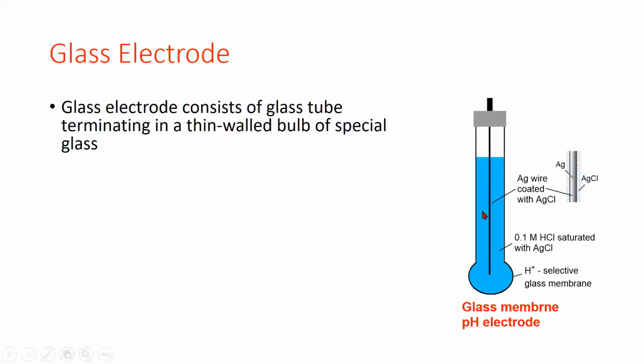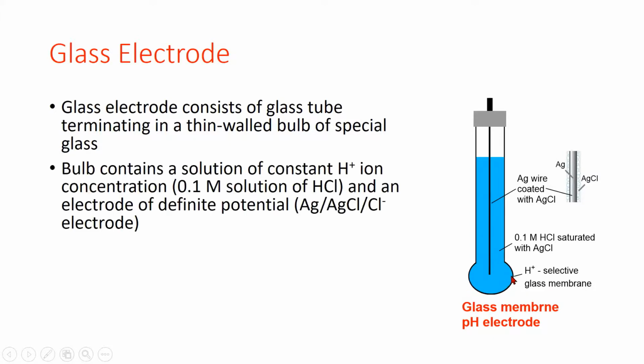Glass electrode consists of glass tube terminating into thin-walled bulb of special glass. The bulb contains solution of H ions and electrode, which is silver chloride in contact with halide ion.